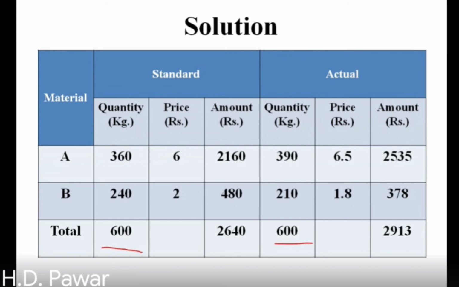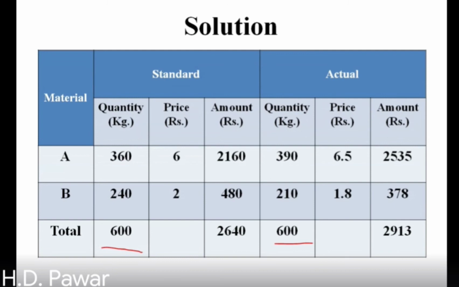Okay. Now, first material cost, standard cost minus actual cost, means A B total. The first variance we can calculate directly because the total is given. So directly 2640 minus 2913 gives the answer. Writing it in full also works, but as you have prepared the table already, you can use the figures from the table directly.